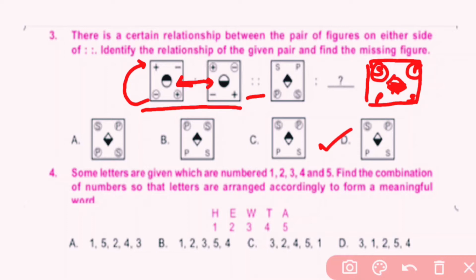Question number 4. Some letters are given which are numbered 1, 2, 3, 4 and 5. Find the combination of numbers so that letters are interchanged to form the meaningful word. The letters and numbers are given. So we find out the meaningful word.